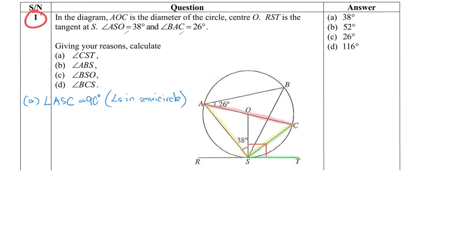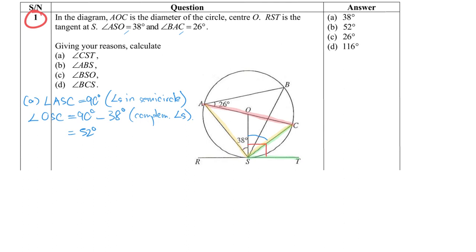So once I know that is 90, I can go on to say that angle OSC is 90 minus 38, right? Because they both add up to 90, so that gives us 52. This is called complementary angles, similar to the previous question.